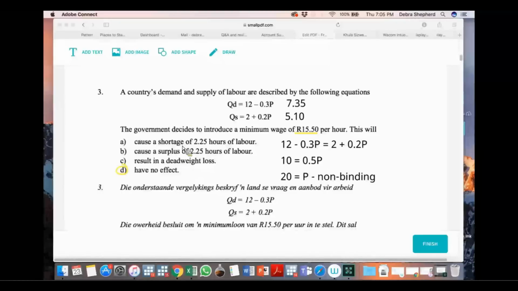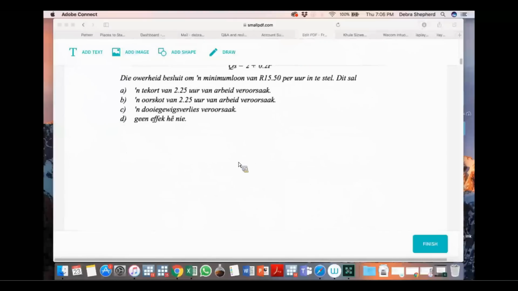Hang on, a minimum wage that is binding should create a surplus, because it creates unemployment in the labor market. So if you did get A, by implication, D is correct because any shortage would be eliminated.